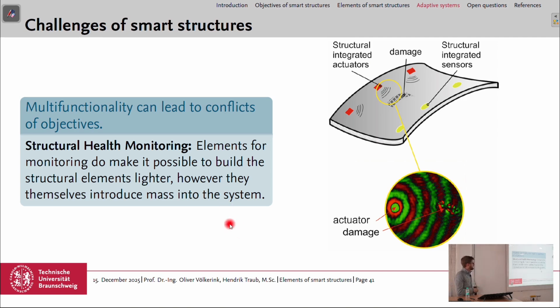But you also introduce mass in the systems with the sensors and the actuators, and maybe also the other elements like energy supply and controller. So if the structural health monitoring system is heavier than the mass saving you generate with it, then maybe this is not a successful smart structure.